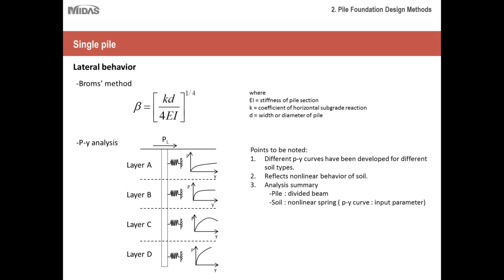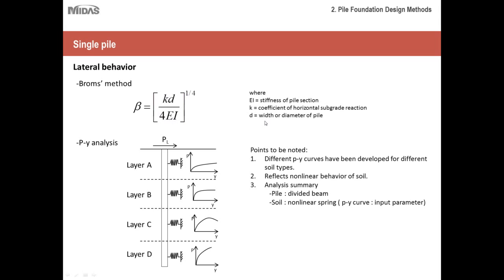Then the most important thing that you need to determine for a pile is the lateral behavior. And for that we have two main categories here. One is based on an empirical formula, like Broms' method, where this factor beta is applied in order to determine the lateral behavior of the pile. And the formulation, as you can see, is kD times (4EI)^(1/4).